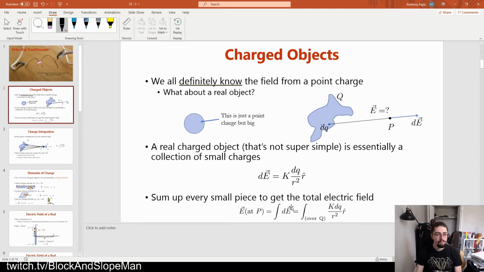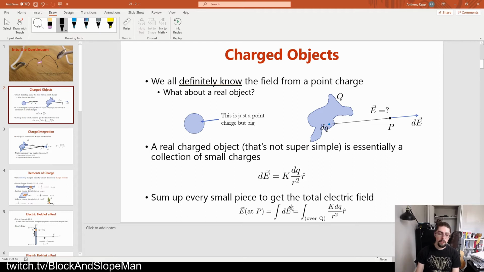What does that mean? That would mean that we would have to look at every single charge, find the magnitude of that charge, the sign of that charge, the distance away from our point that we're interested in, and the direction of the field at that point. Take all of those and sum them up for as many points as we have.